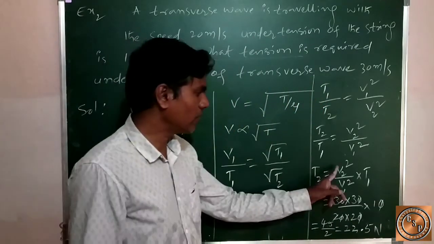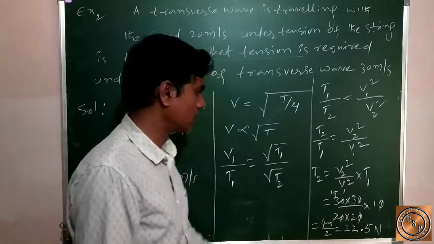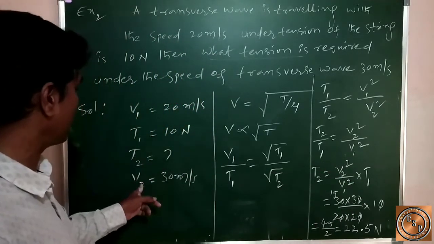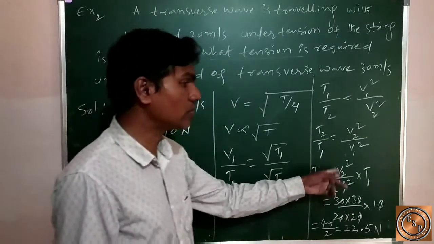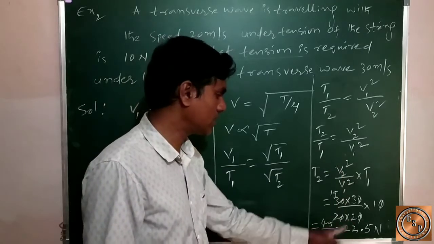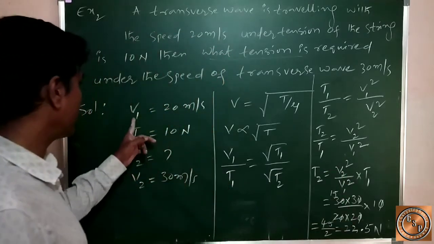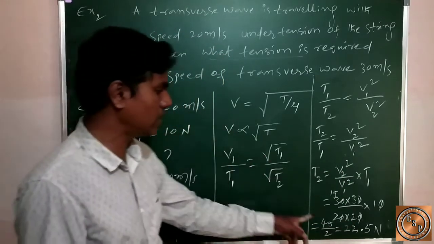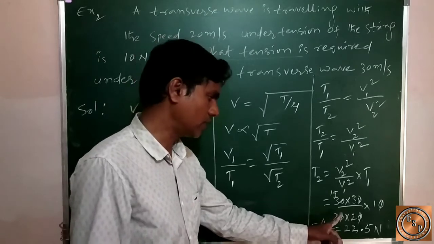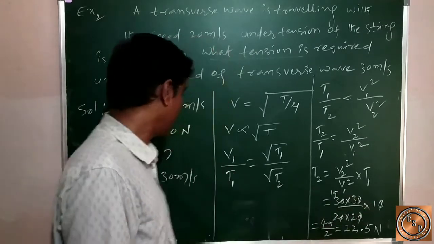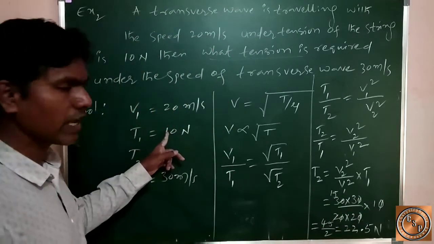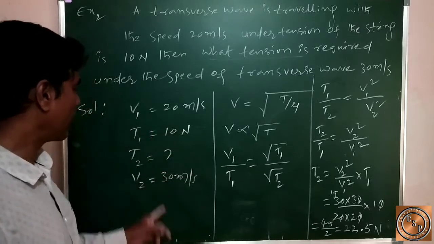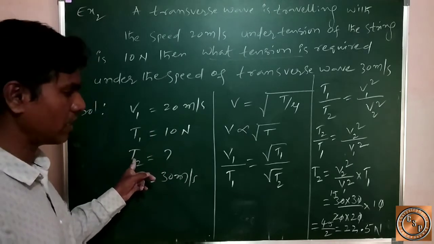Here T2 equal to V2 square by V1 square into T1. So what is V2? V2 value is given, no? 30 meter per second. V2 square here is 30 into 30, divided by V1. What is V1? V1 is 20 meter per second. Here 20 into 20. But T1, what is the tension? 10 newtons. We have to find out the second tension, that is T2.